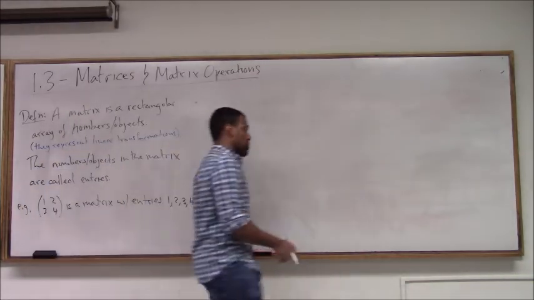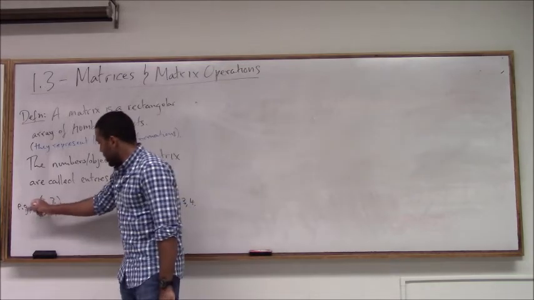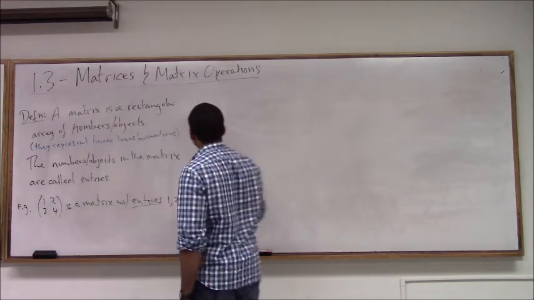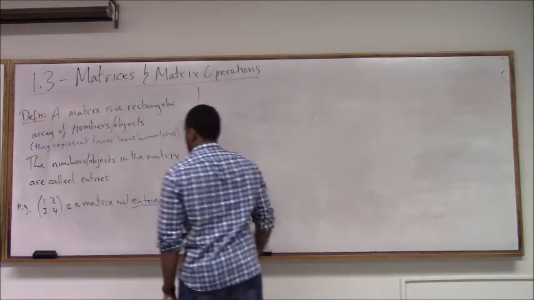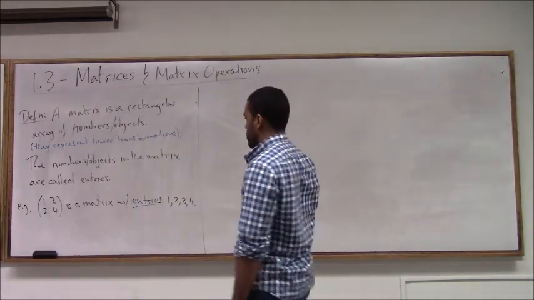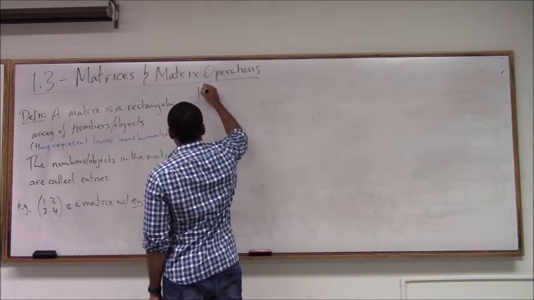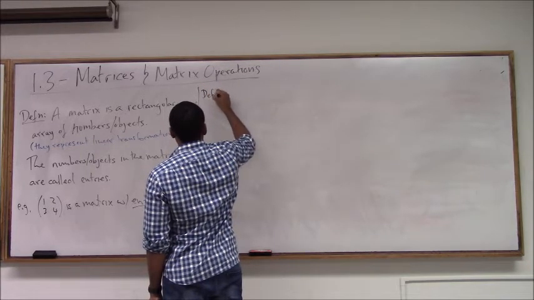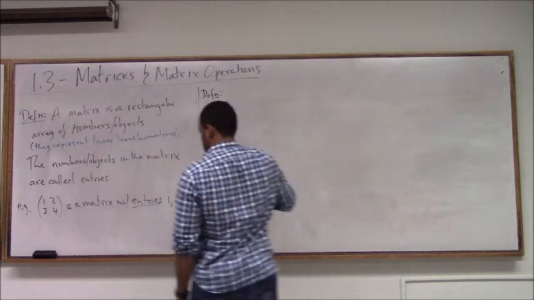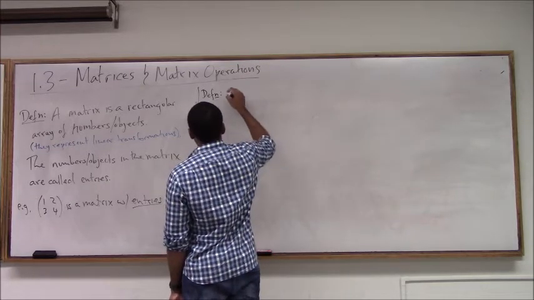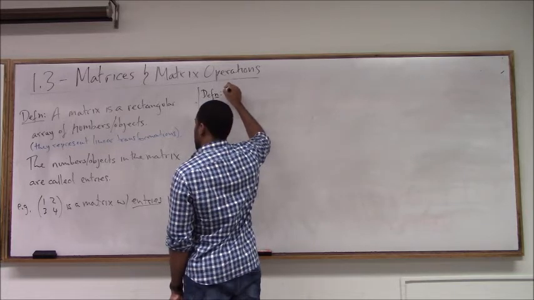So it's a rectangular array of numbers. Each element in that rectangular array is called an entry. Another definition.